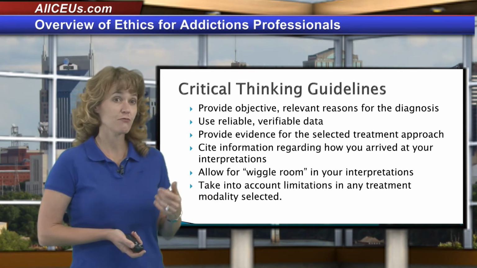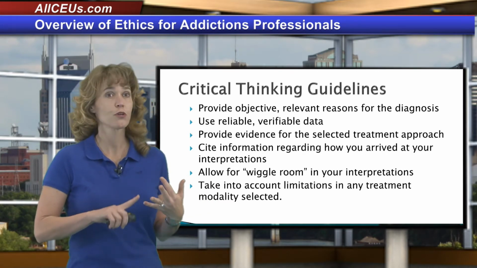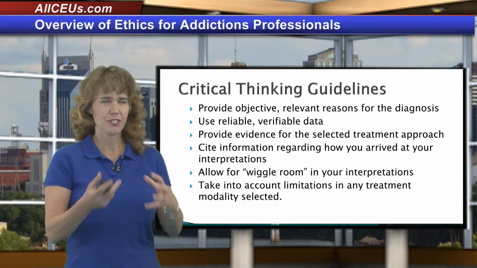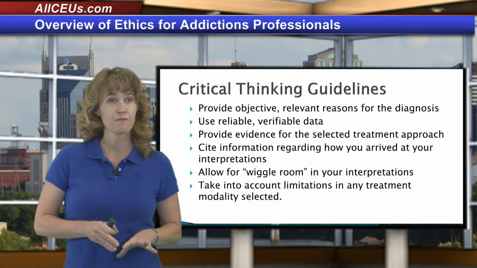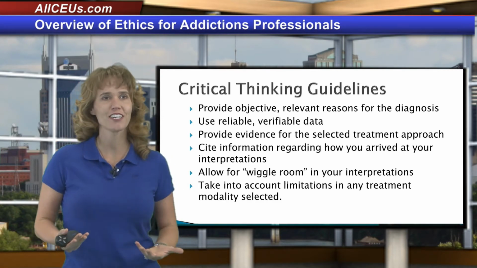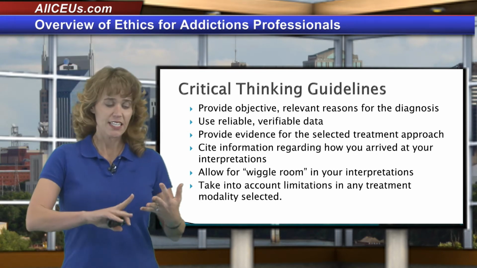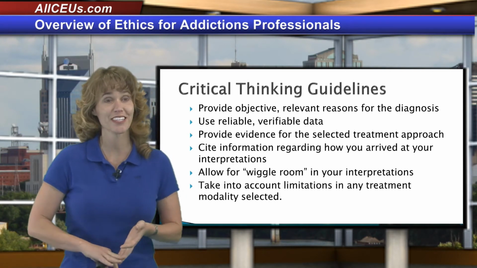Cite information regarding how you arrived at your interpretations. In the integrated summary or when talking to your client, once you get all that information and you assimilate it and go, well, I think this may be what's going on, explain how you got to your conclusion. It demystifies the process. It teaches the client how you got to your conclusion, so maybe they can learn how to do it the next time.